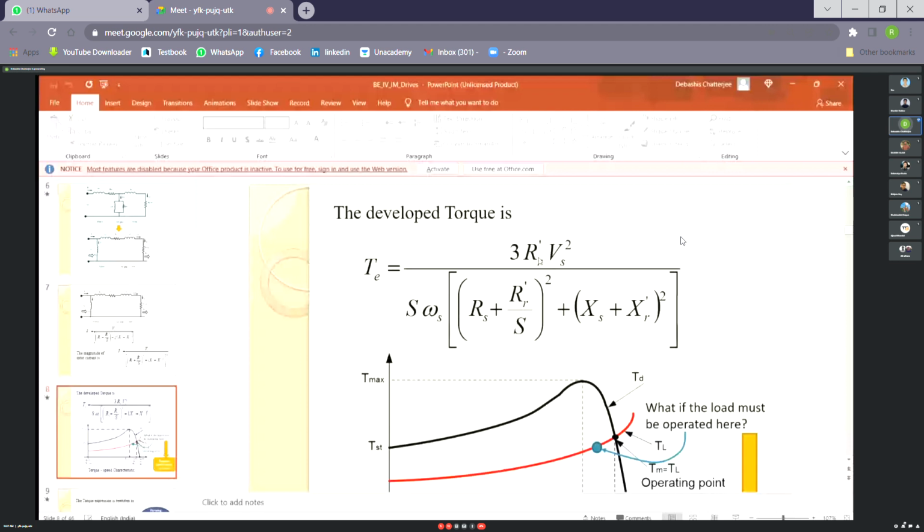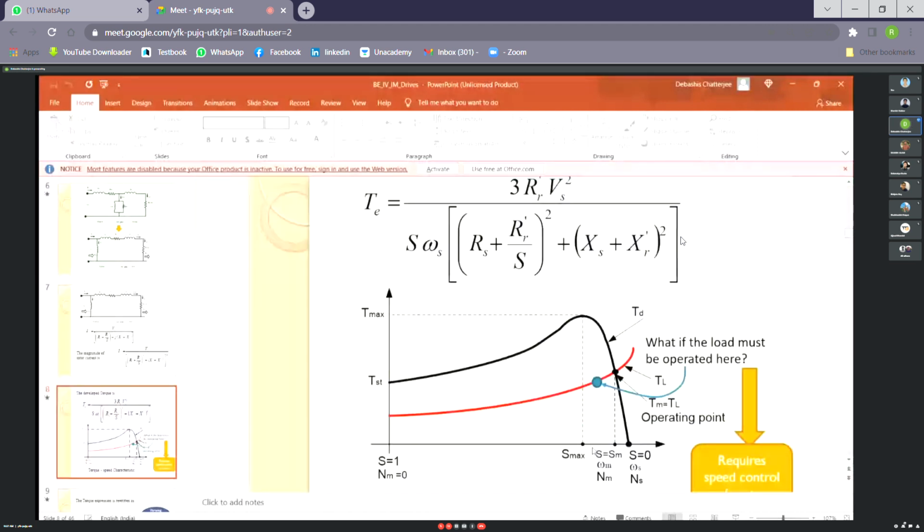If you plot torque versus slip, with slip varying from 0 to 1, meaning synchronous speed to starting speed, you get a speed-torque characteristic like this. Whatever I have written as Td, that is the motor characteristics, it will be Tm actually.